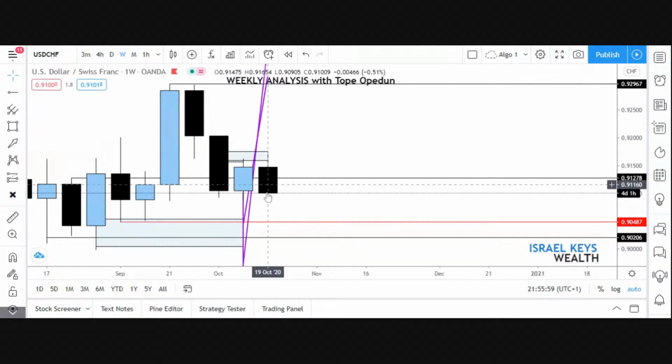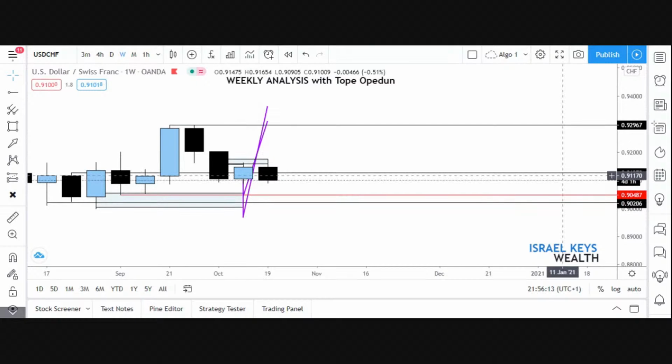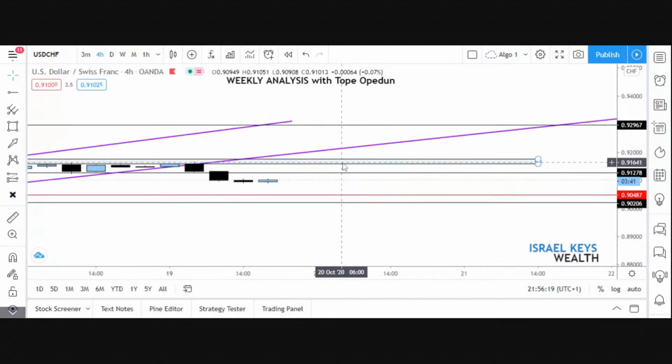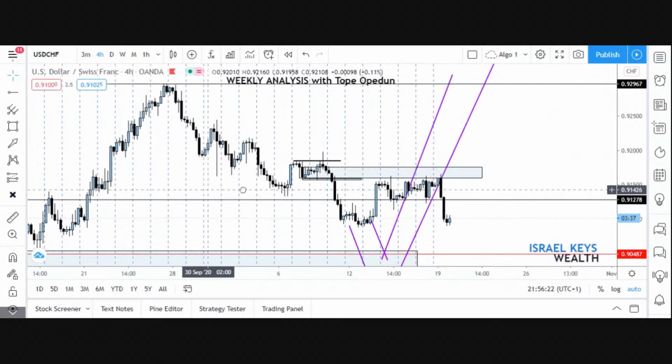So if we're going south, we will be targeting the double bottom. So that's USDCHF. But if you look at it on the H4, it should be mimicking the US dollar. So rally up into the range, price drops.